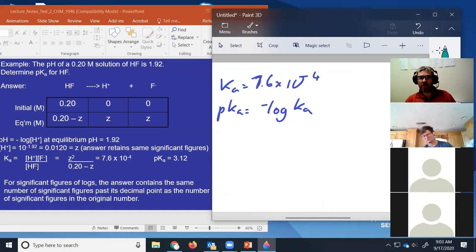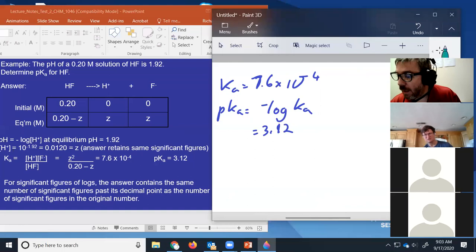So take the log of 7.6 times 10 to the negative 4 by itself, and then take the negative of that value. So do the log first and then take the negative of that value, Jack. All right. You should get close to 3.12, right? Yeah. All right. Yeah, I got it. Okay. Simple mistake.